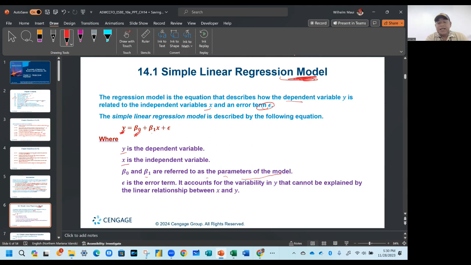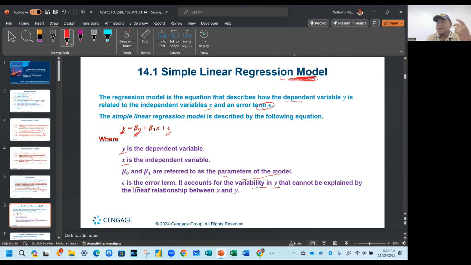X in this case is the independent variable, y is the dependent variable, and then here's your error term. That error term accounts for the variability in y that cannot be explained by the linear relationship.